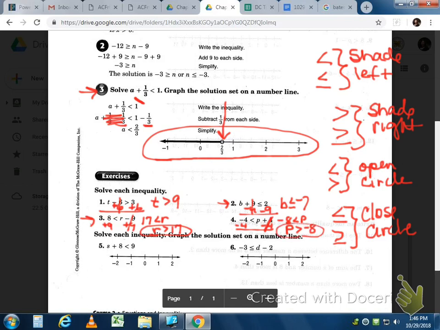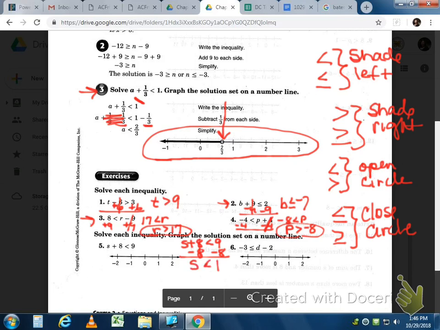Okay, they're going to have you graph some of these. So s plus 8 is less than 9. If you want to get s alone, I'm going to write it right here in the middle. To get s alone, I'm going to subtract 8. So s is less than 1.